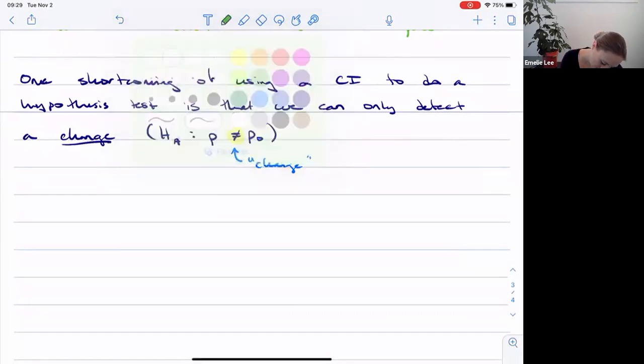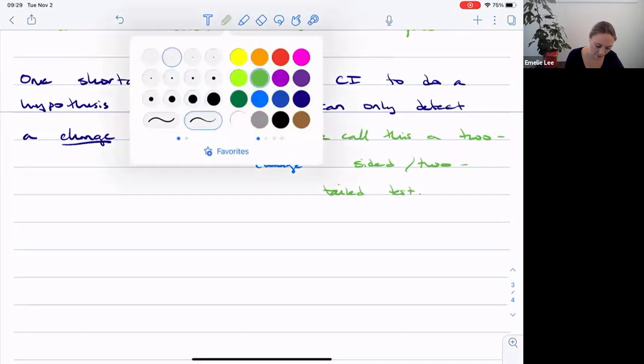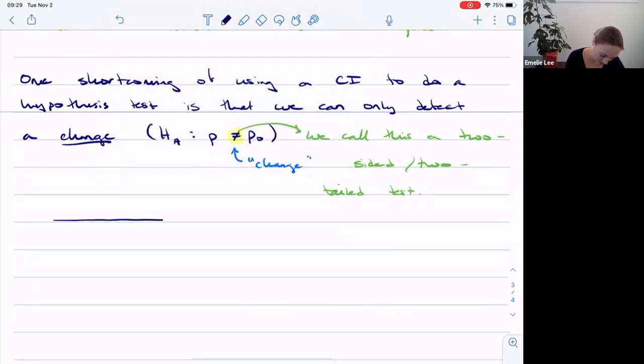And here, just as a note, we call this a two-sided or two-tailed test, doesn't matter. The reason for that is because we built this interval.